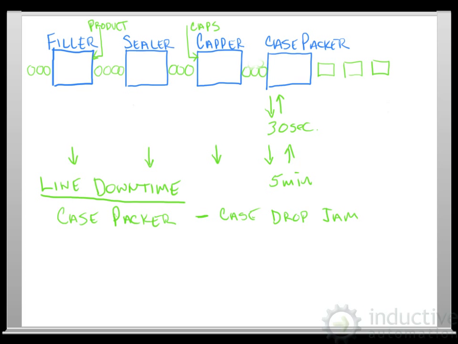Because this is actionable, relevant data that's causing us to lose production on our line. Now we can go focus, if we have a whole bunch of this downtime, we can go focus on that and see why we keep getting that. And if we improve it, we'll see our production go up on the line.